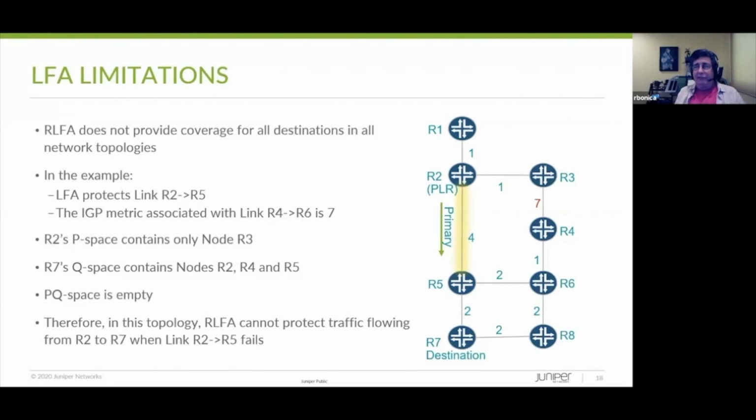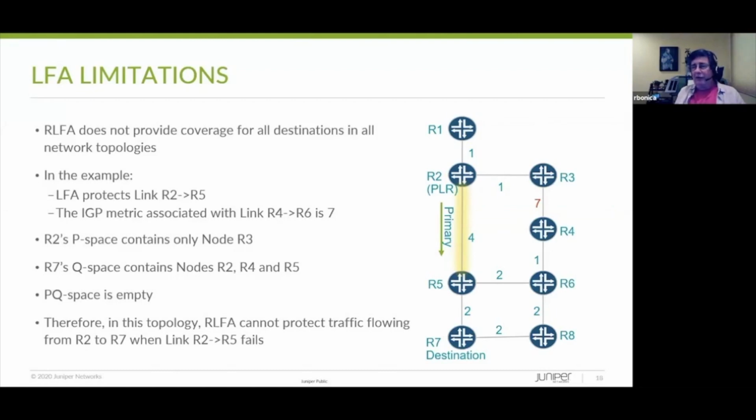In this example, again, R2 protects, LFA protects the link R2-R5, and the IGP metric associated with R4-R6 has been cranked up to 7. Now, R2's P-space contains only node R3. Because the IGP metric from R3 to R4 is so high, that path through R3 basically is the least cost path to nowhere.